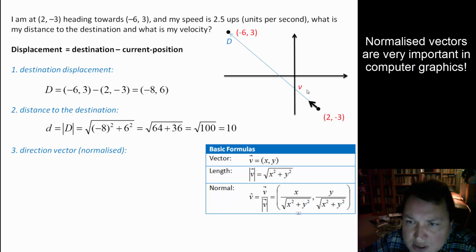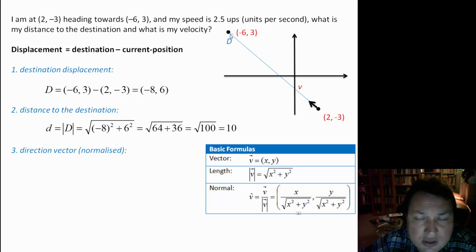Normalized means that this black vector here is pointing in the same direction, so it's pointing in the direction of the destination, but its length is equal to 1. The formula for the normal vector is provided here. This is just the vector divided by its length. In our case, this is the destination displacement vector, d, divided by its length, or the distance to the destination.